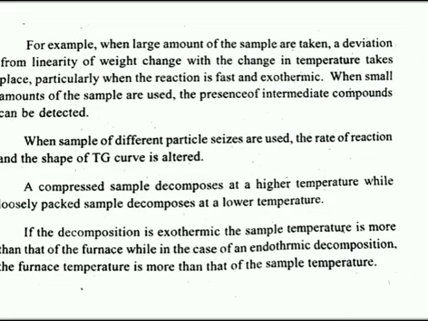When samples of different particle sizes are used, the rate of reaction and the shape of the TG curve are altered. That is, a compressed sample decomposes at a higher temperature while a loosely packed sample decomposes at a lower temperature. If the decomposition is exothermic, the sample temperature is more than that of the furnace, while in the case of an endothermic decomposition, the furnace temperature is more than the sample temperature. This is the sample characteristics.